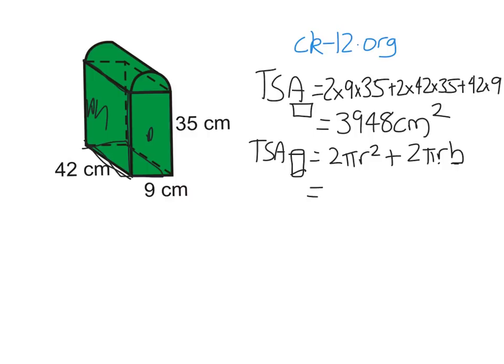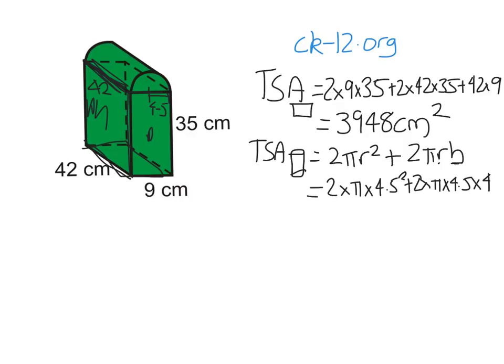So for a normal cylinder where the radius is half of 9, so the radius from here to here is going to be half of 9, which is 4.5, and the height of the cylinder is 42, so that surface area will be 2 times pi times radius squared plus 2 times pi times radius times height.